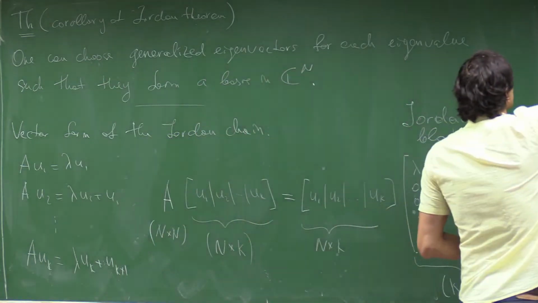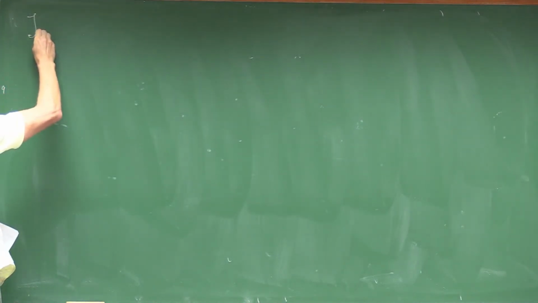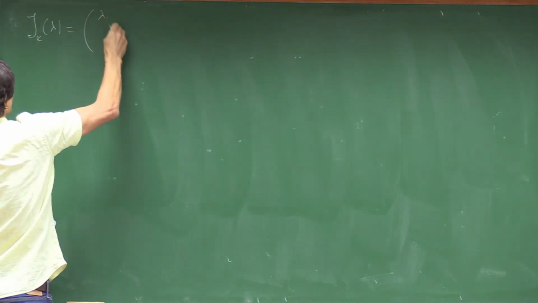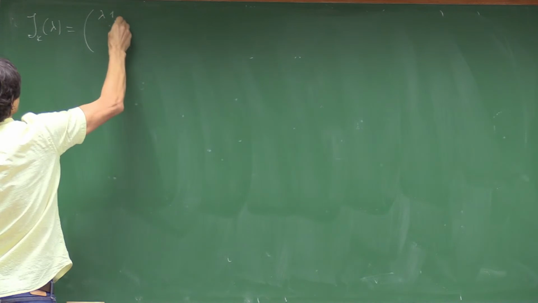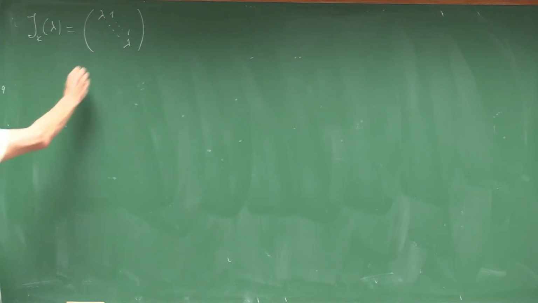Let's call the Jordan block J_k of lambda. It's the block where you have lambda on the diagonal and 1 on the next diagonal, and it has size k.